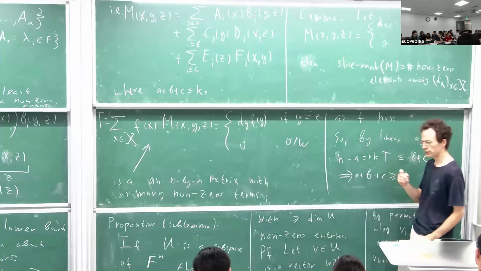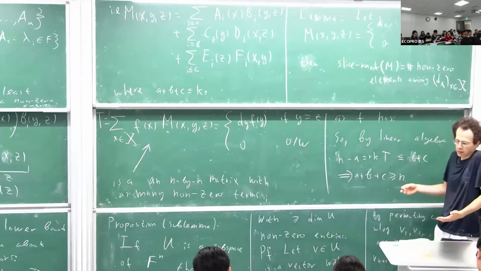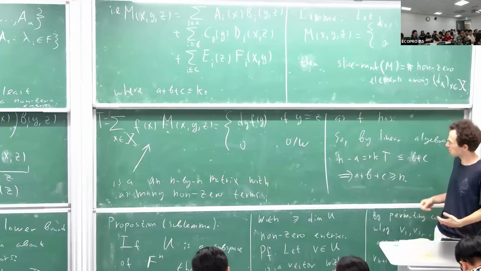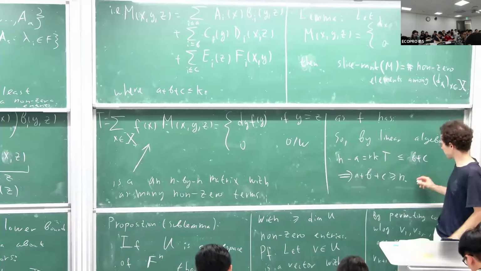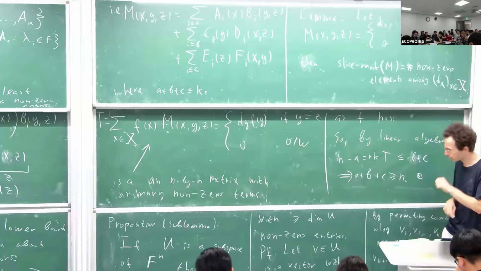So it means the original sum had at least n terms, which is to say the slice rank of the tensor was at least n. So this is the main lemma, which you proved.